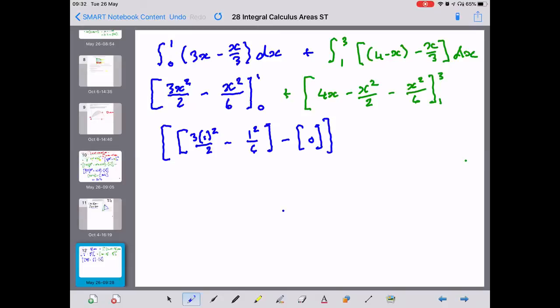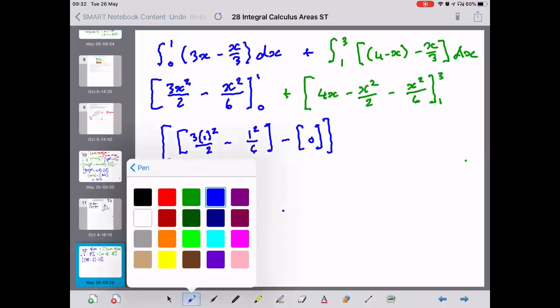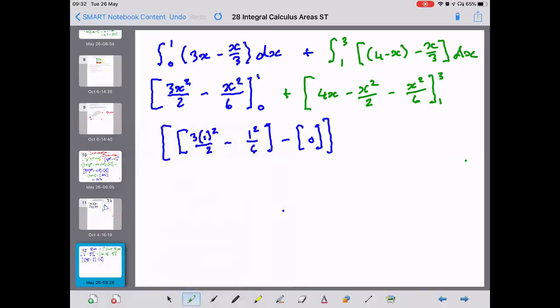That's the blue bit. And then we go green. So we're going to plus 4 times 3 minus 3 squared over 2 minus 3 squared over 6.